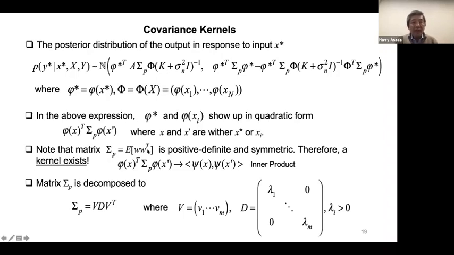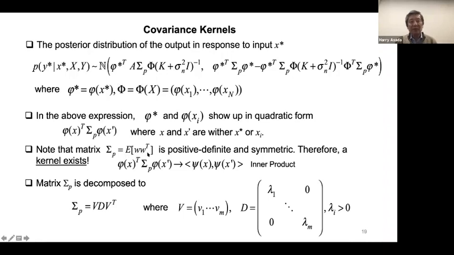Okay, and please note that the thing sandwiched here is basically sigma p, which is the prior distribution of parameter w. It's basically the covariance matrix, which is positive definite, right? Positive definite. Okay, so this is the original definition.